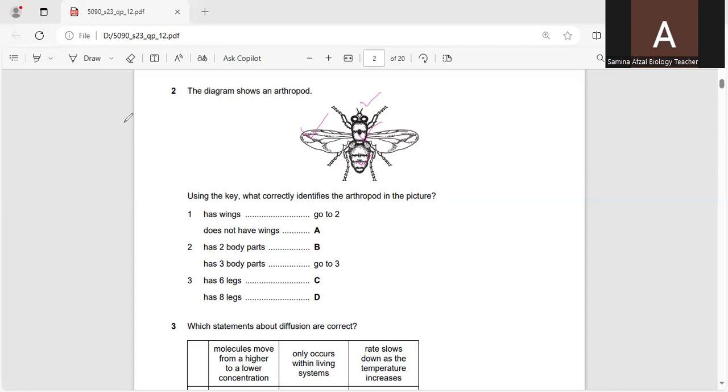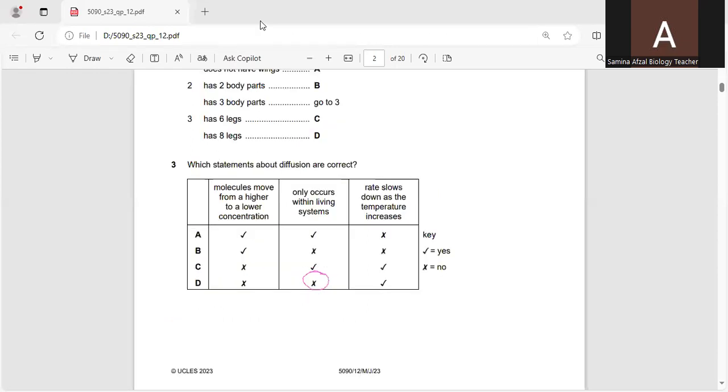You can count their legs, 1, 2, 3, so it means there are 6 legs. So option C is the correct option instead of A and B. This is an example of a dichotomous key, with the help of which you can find out the answers, and for this purpose you must properly know the characteristics of the organism.